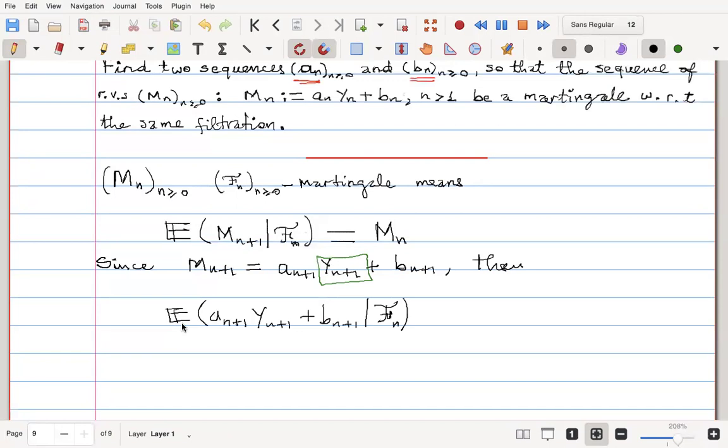If you use the linearity of the conditional expectation, we'll get the following. So this is equal to An plus 1, because this is deterministic.